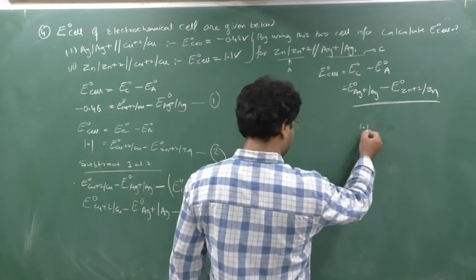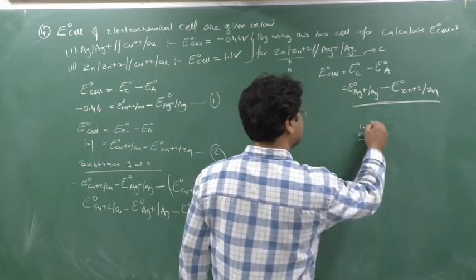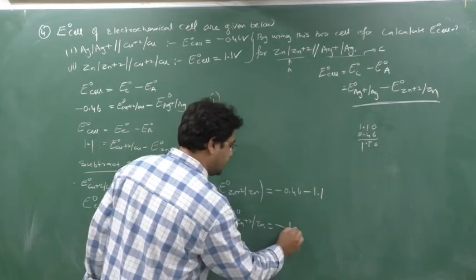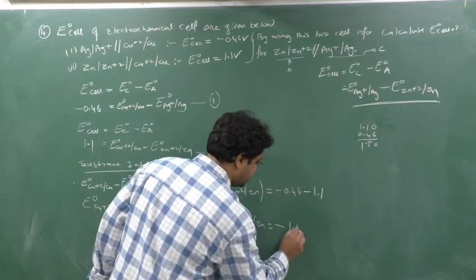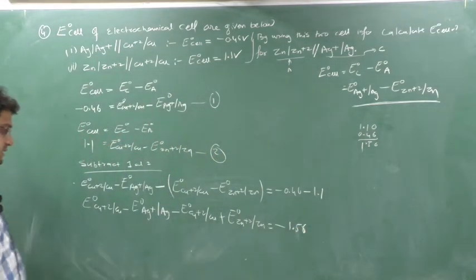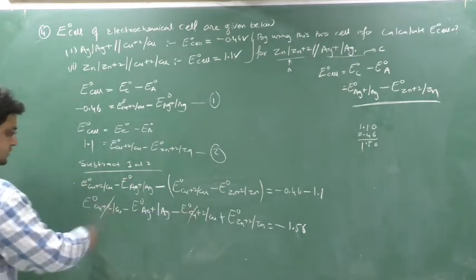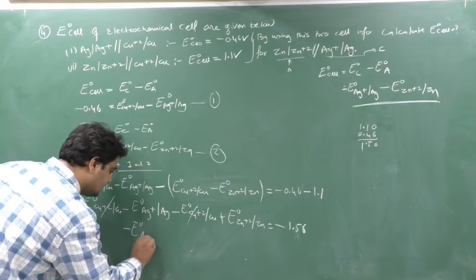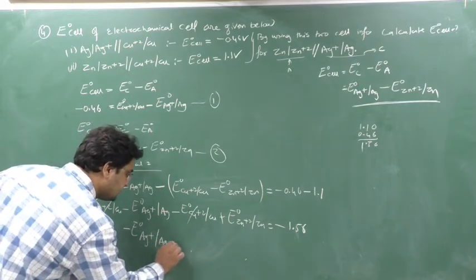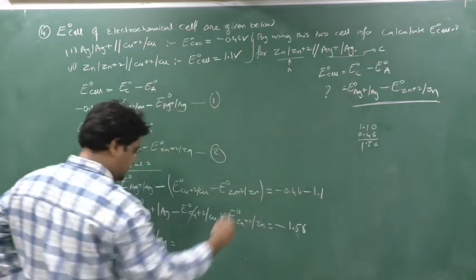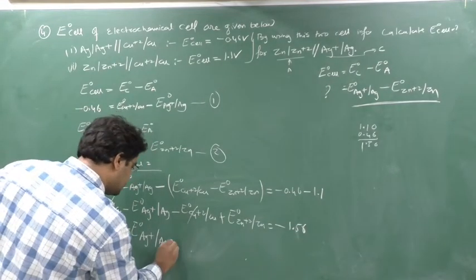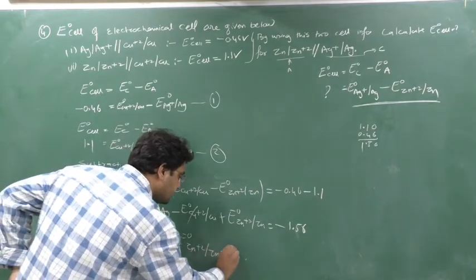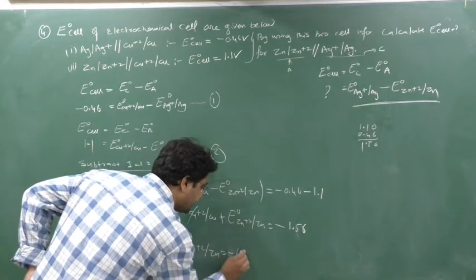So 1.1 plus 0.46, the answer is minus 1.56. So here the remaining is minus E0 Ag+/Ag plus E0 Zn+2/Zn, which equals minus 1.56.